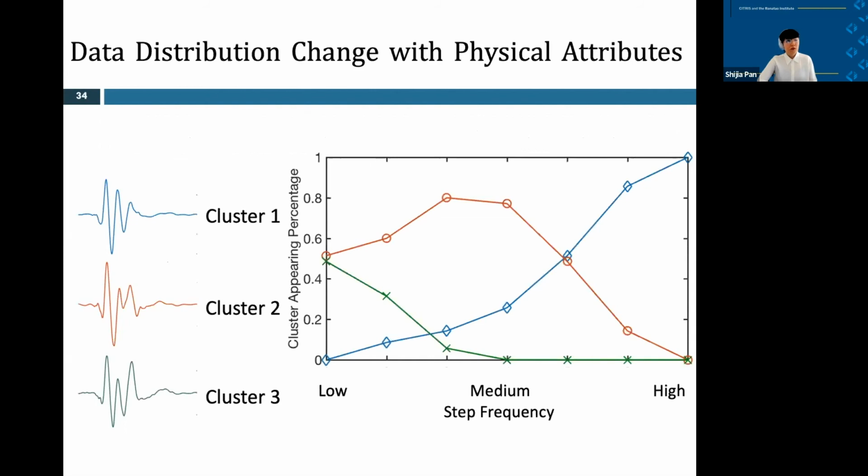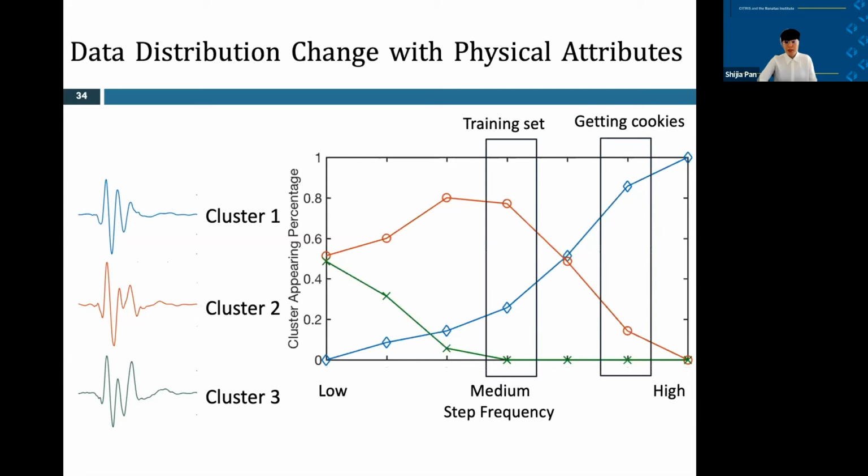We then look at the distribution of these clusters in the figure on the right-hand side, where the x-axis is step frequency, or walking speed, and the y-axis is the percentage of each cluster. We can see that most of the cluster 1 signals appear when the person walks fast, cluster 2 occurs more when the person walks at the medium step frequency, and cluster 3 only occurs when the person walks slowly.